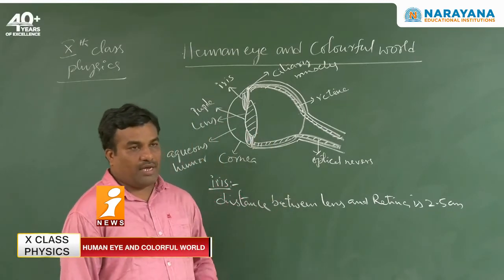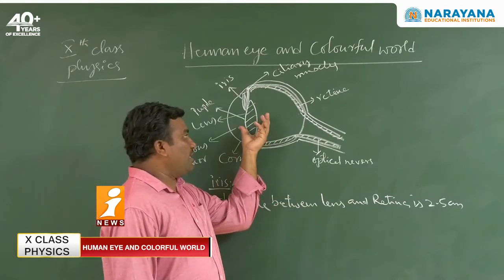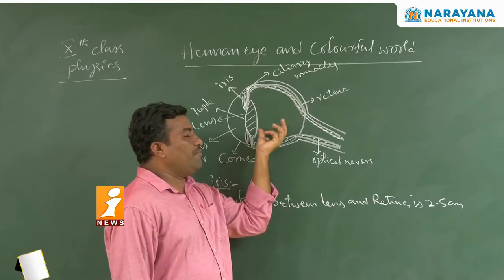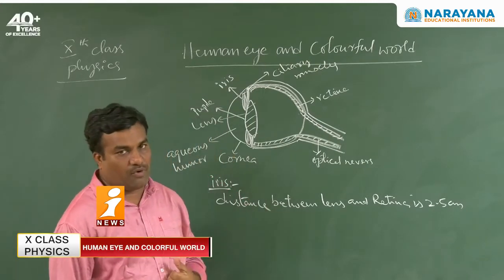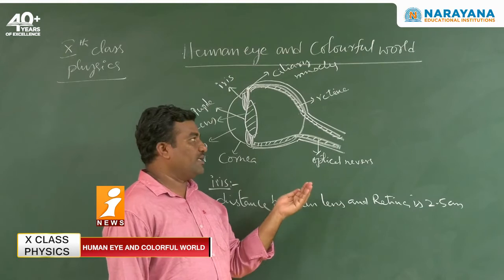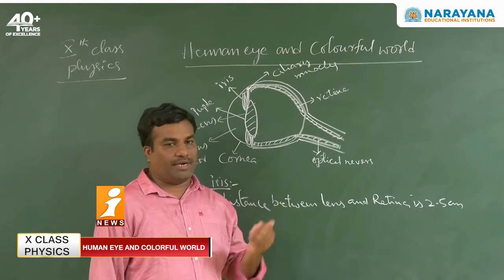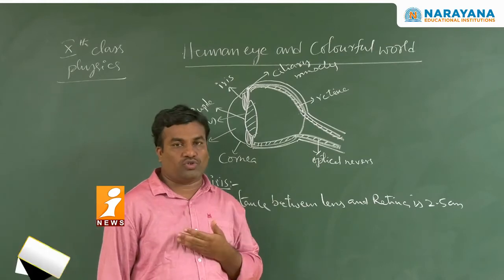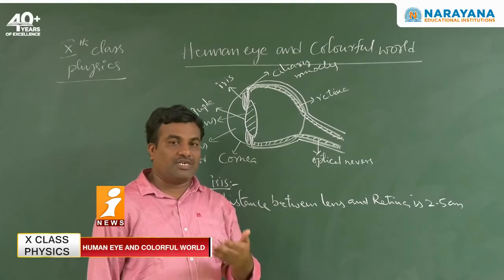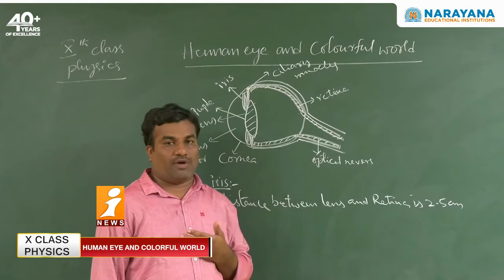So we get images on the retina based on the maximum and minimum focal length. Suppose the object is placed very close to your eye.